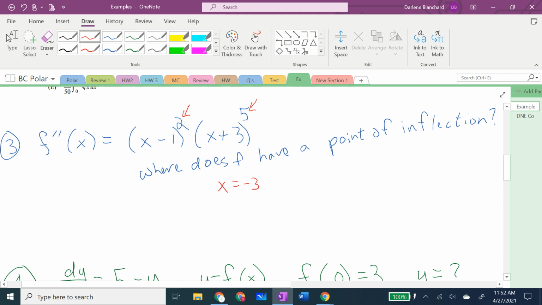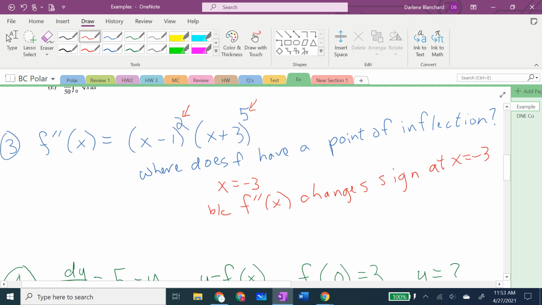If you are doing free response, they will ask you how you know that's a point of inflection. You need to say because f double prime changes sign at x equals negative 3. That's what they are looking for. You don't even have to be specific about what sign it's changing.